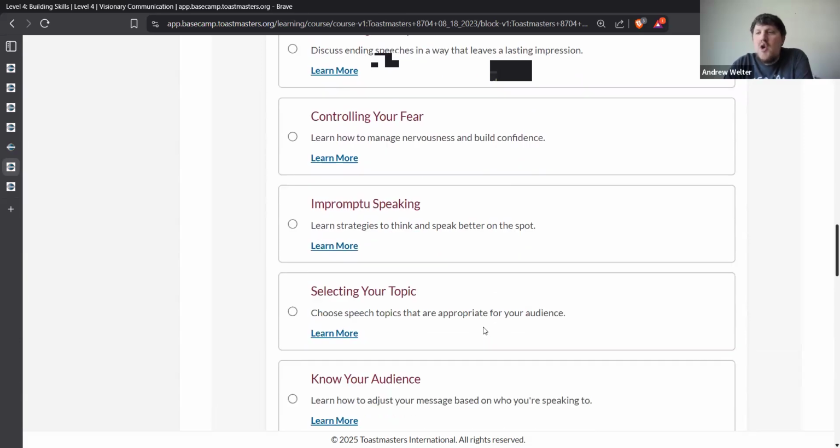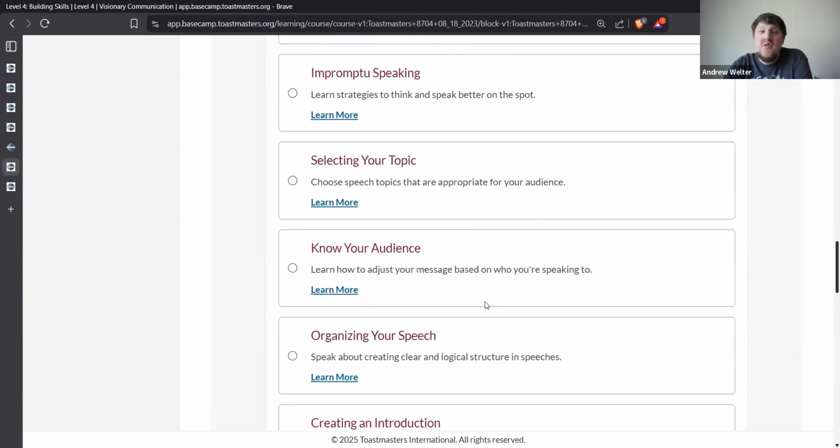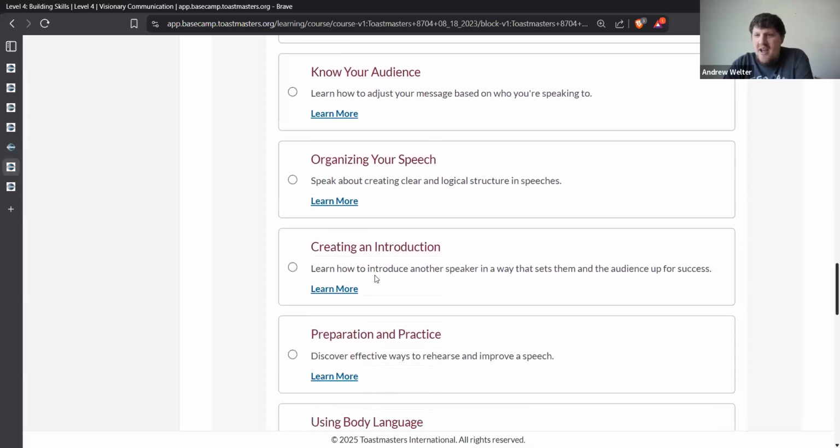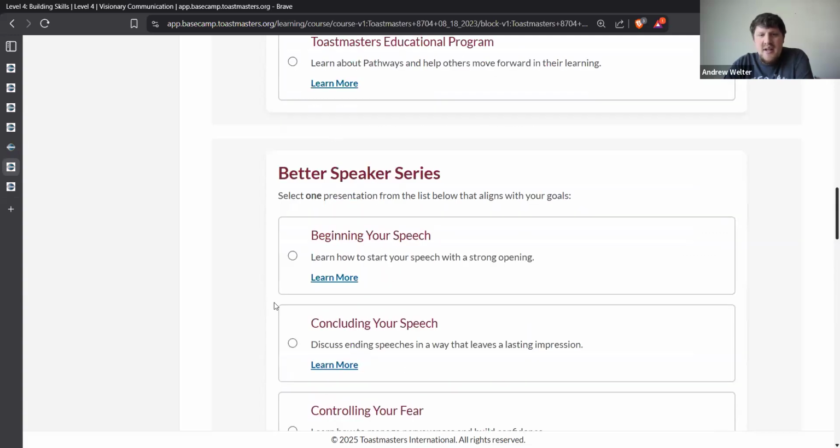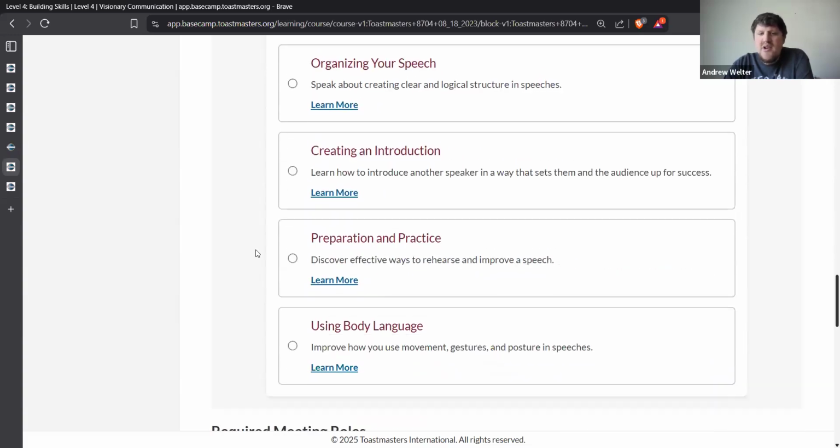Again, if you see two that you would like to do or two that you think your club could really benefit from, you can do one in level three and then do one for your required and get credit for both. You know, I am a big believer of the Toastmasters mantra of never let a speech go to waste. If you're going to give a speech, get credit for it.